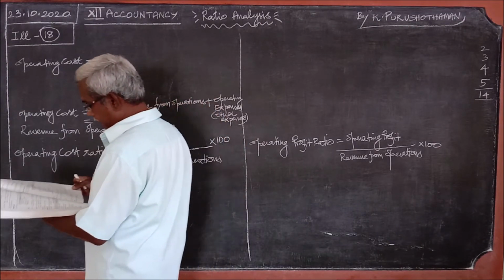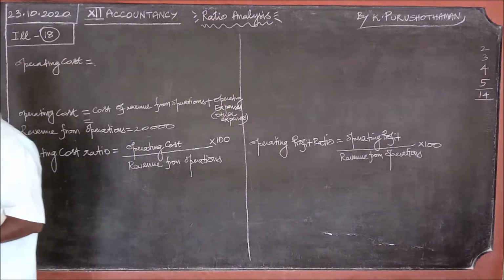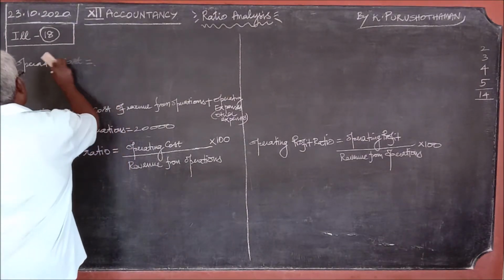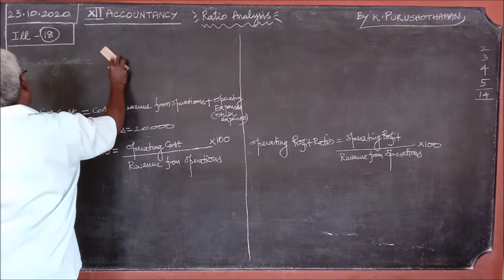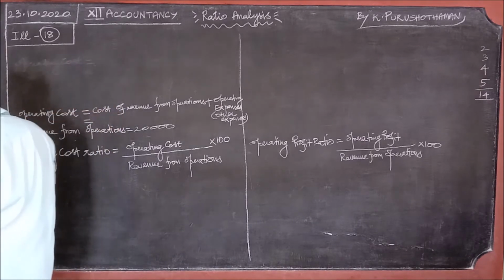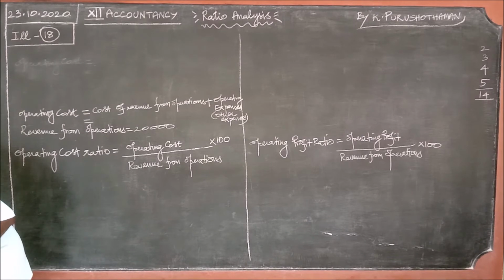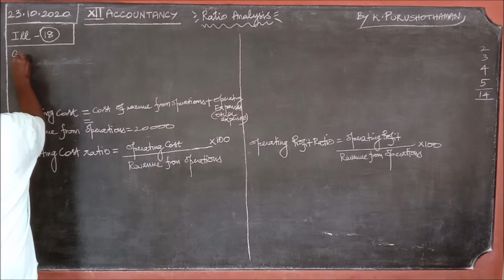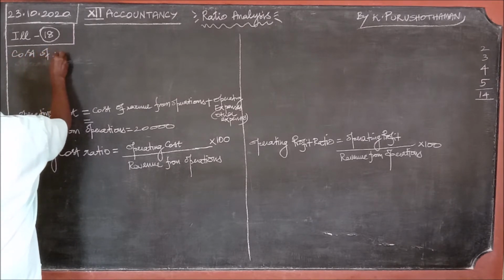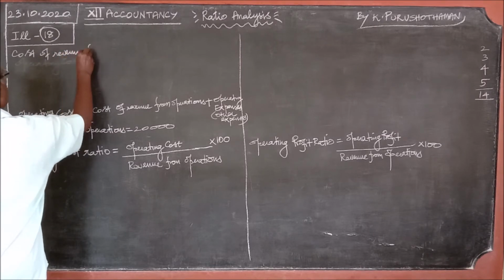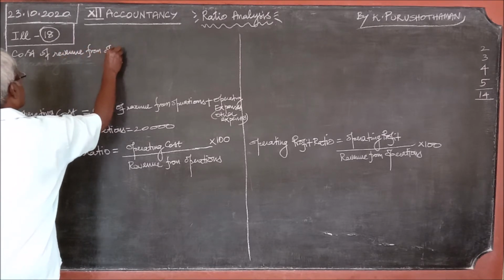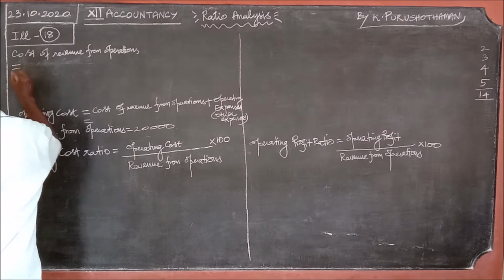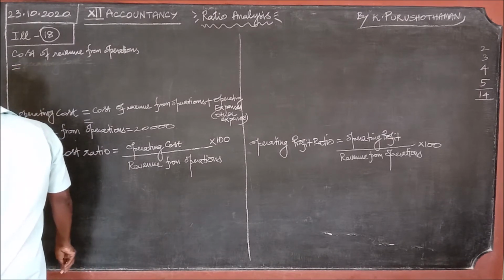And before that, we should find the cost of revenue from operations. How to find the cost of revenue from operations? This we have found out already in case of the gross profit ratio. In gross profit ratio, we have found out cost of revenue from operations. So, cost of revenue from operations is equal to the three items we have seen already.